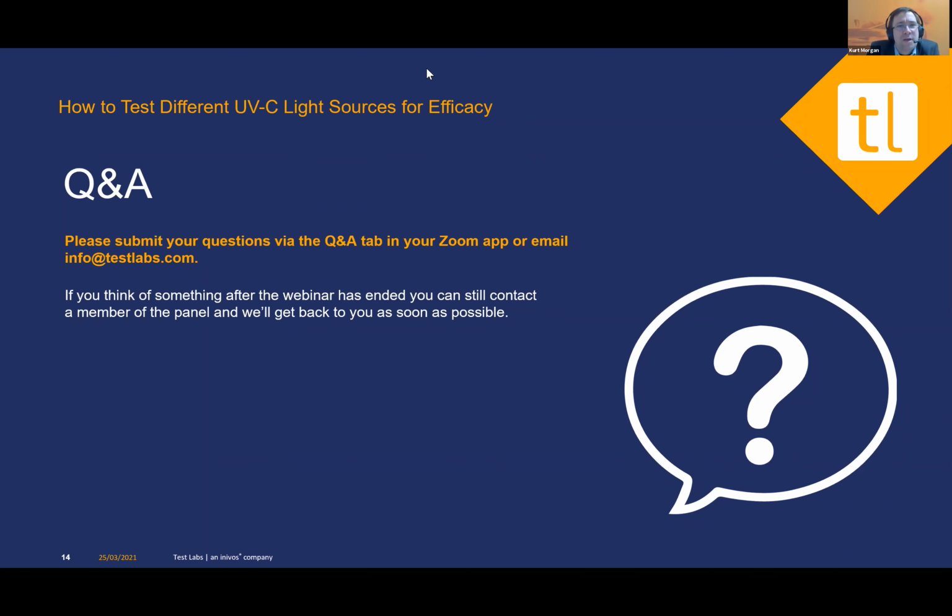I would be personally thinking that rather than talking about a dose in terms of energy per centimetre squared, it might be more useful to talk about a dose in terms of photons per centimetre squared with enough energy to be effective.